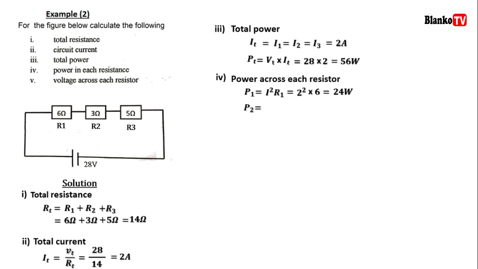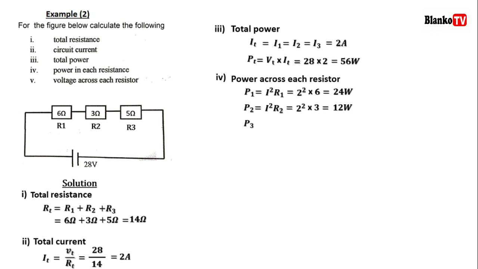P2 equals I squared R2. So we still have 2 squared, that is the current squared, times 3, which gives us 12 watts.